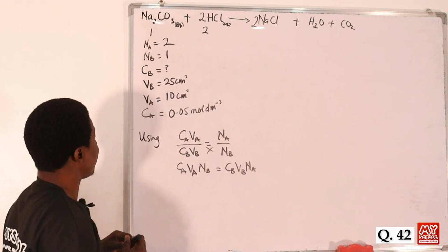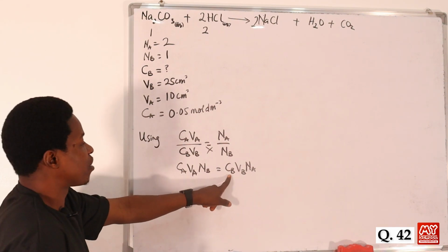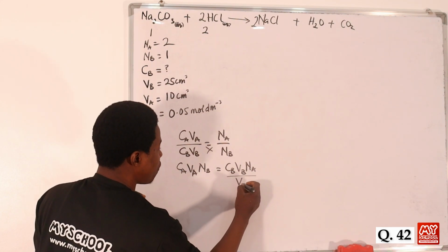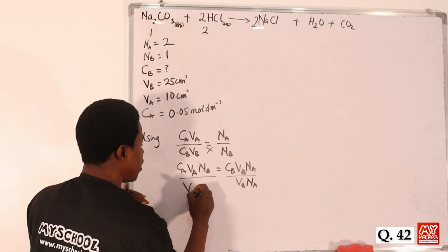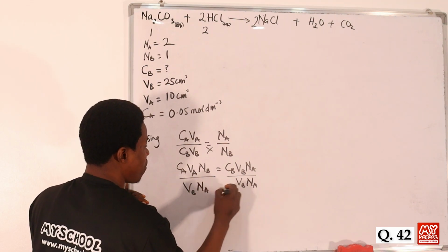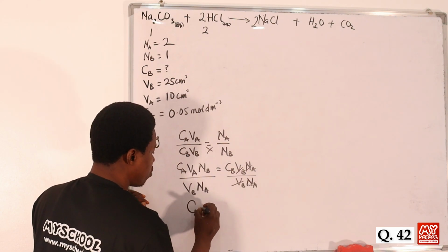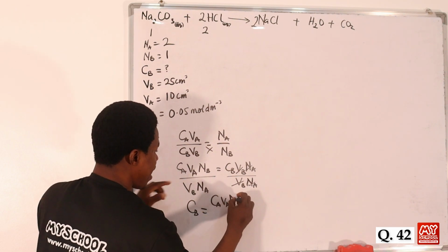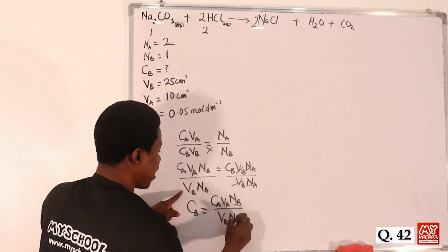But what we need to find here is actually CB. So we make CB the subject of the formula by dividing all through by VB and NA. When we do that, this cancels and this cancels, so CB eventually will be CA VA NB all over VB NA.